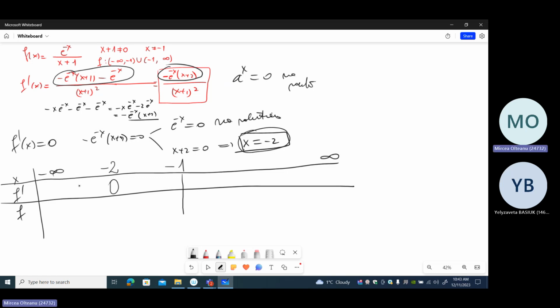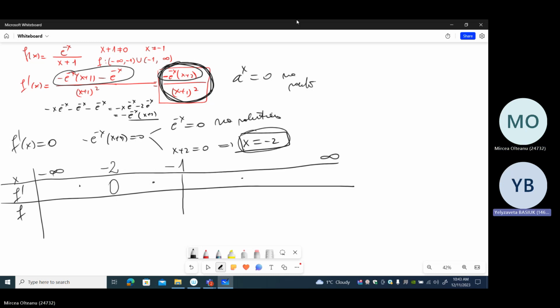And now we have 3 intervals, 1, 2, 3. On each of these intervals, the derivative has a sign. Please find that sign. The derivative, attention, it's written here. It is not only the exponential there.